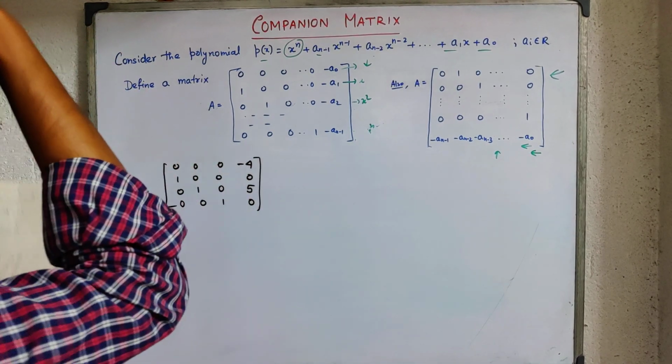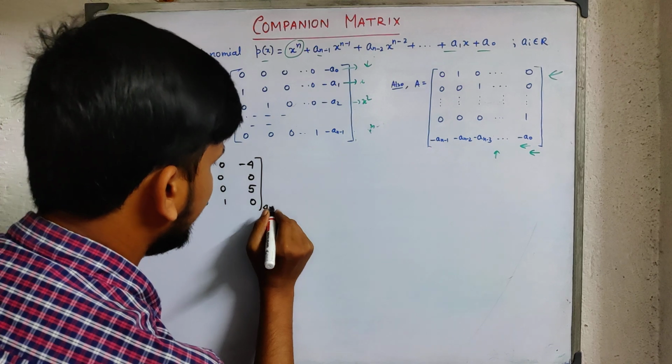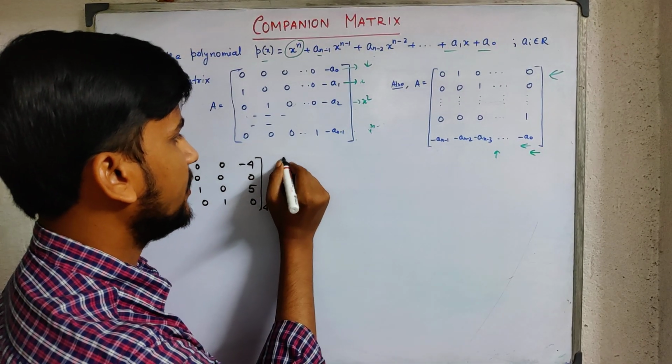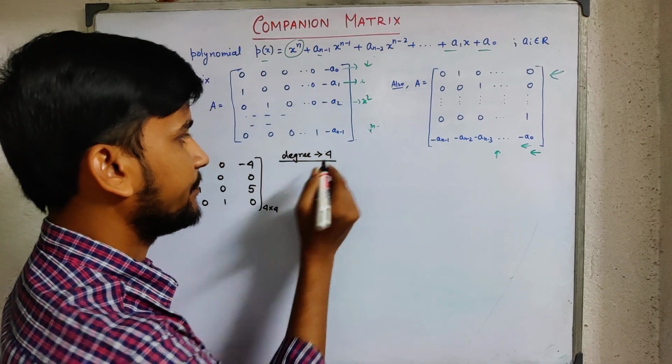Fine, so this is a 4 by 4 matrix. The polynomial associated with the matrix is obviously of degree 4.